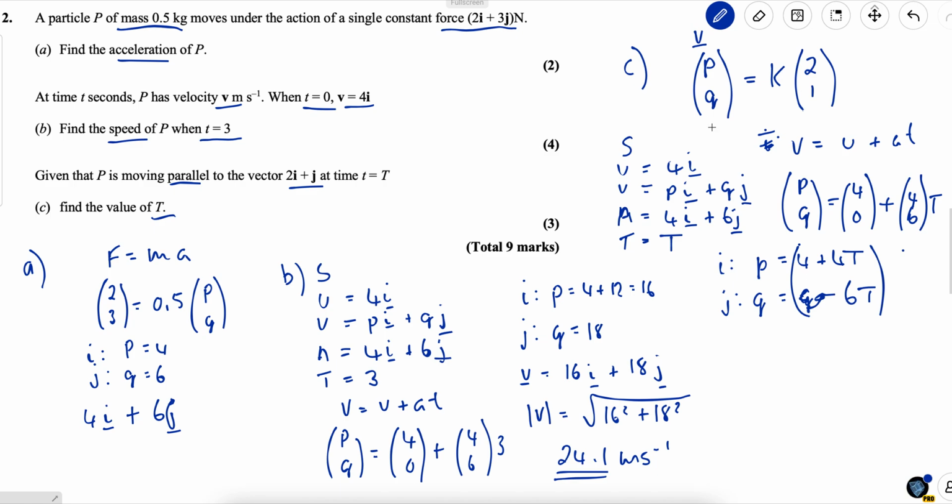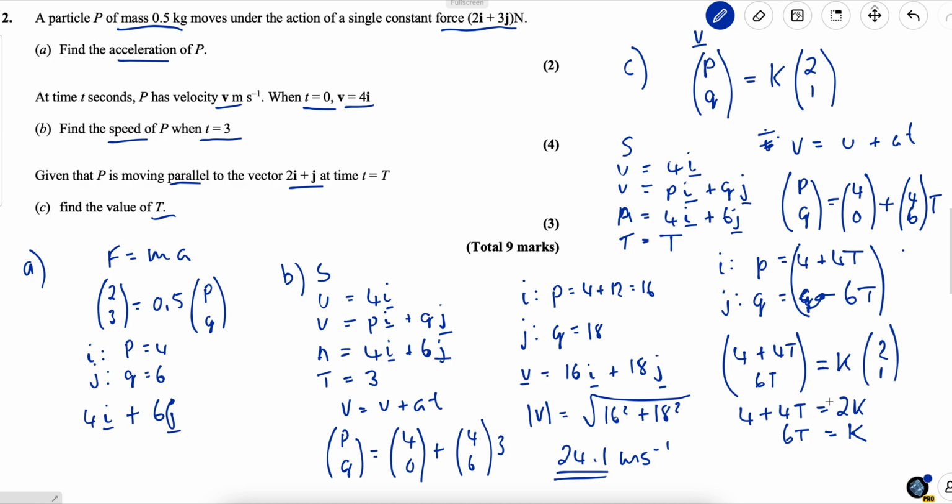So I've said here that that was a scalar multiple of this vector here, so I'm going to make an equation for that. So 4 plus 4t over 6t, the velocity of particle P, is equal to k multiplied by the vector 2, 1. So making an equation for each of these rows, 4 plus 4t equals 2k, and 6t equals k.